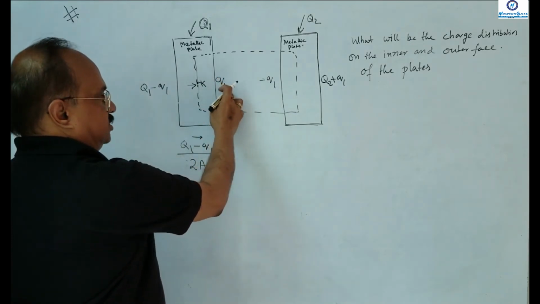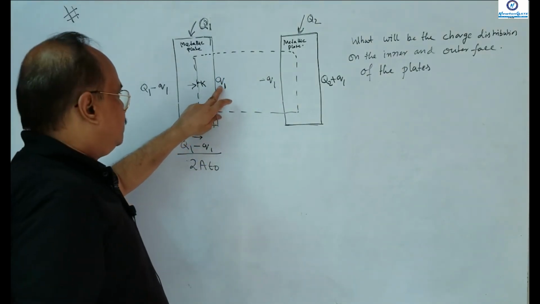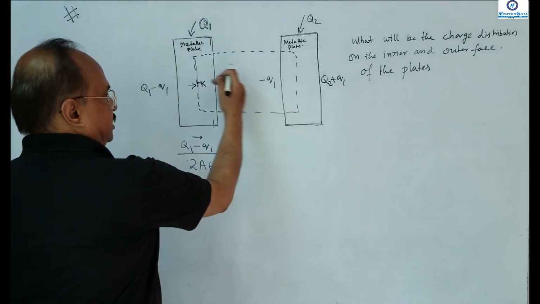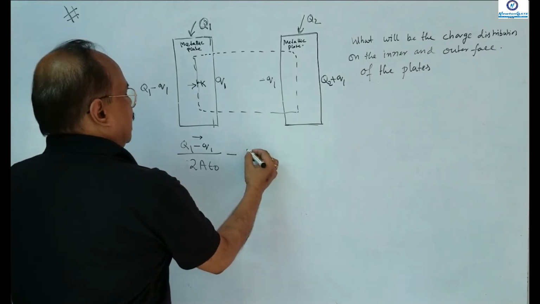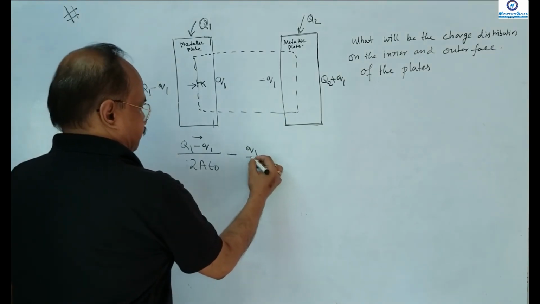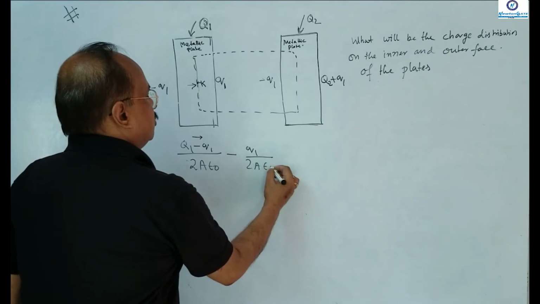And for this plus Q1, the electric field is positive, so it will be going this way. For this, it will be the opposite way, so I am writing it as minus Q1 by 2A epsilon naught.